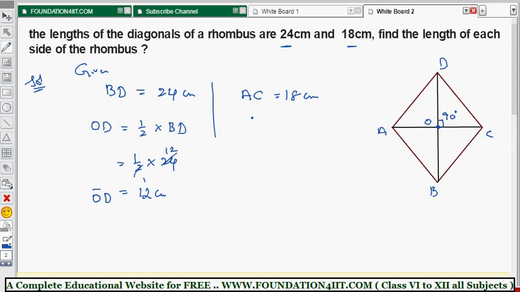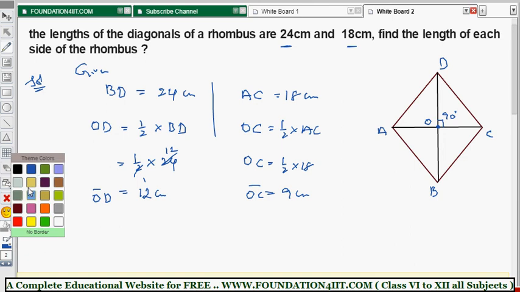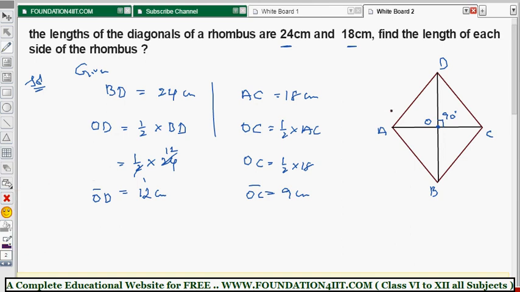And AC is 18. Then OC is equal to half of AC, because O is the midpoint of AC also. Half into 18 is 9. So OC is 9 centimeters. Now, keeping the values here, OD is 12 centimeters and OC is 9 centimeters.